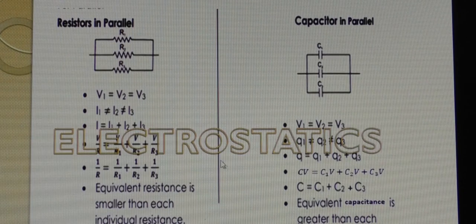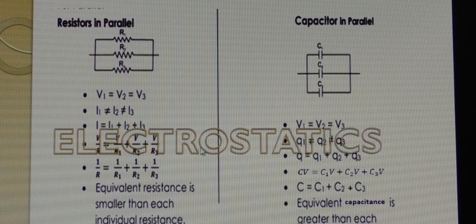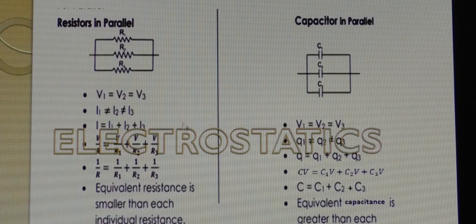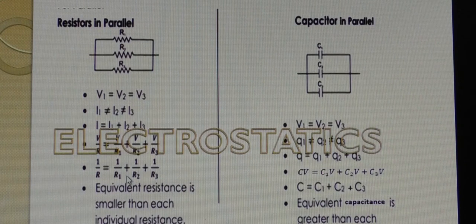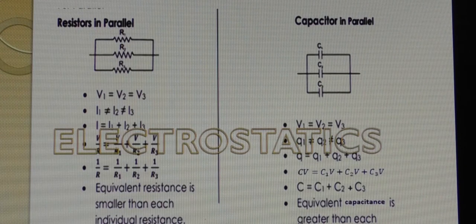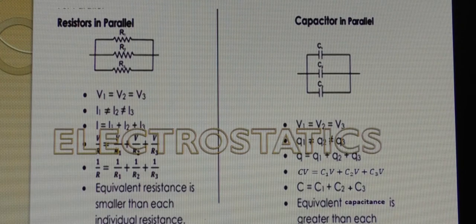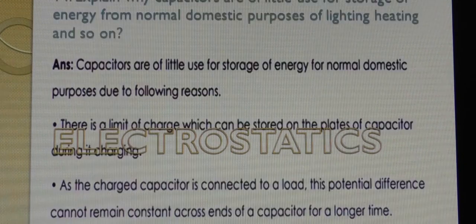So due to this reason, we notice that different equations come for parallel. We notice that equivalent resistance is smaller than each, and in case of parallel combination for capacitor, equivalent capacitance is greater than each, and the same is the case in series combination.